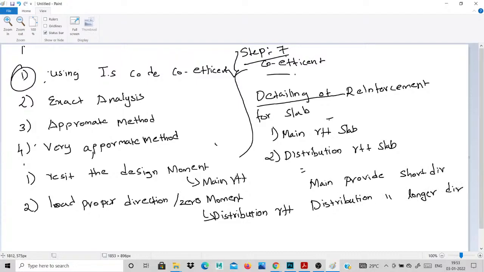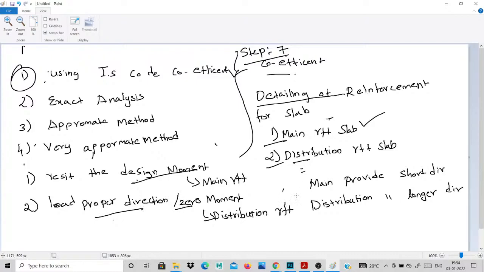This is a simple example of main reinforcement and distribution reinforcement for detailing. The main reinforcement only resists the design moment, and the distribution follows the zero moment on the load direction side.